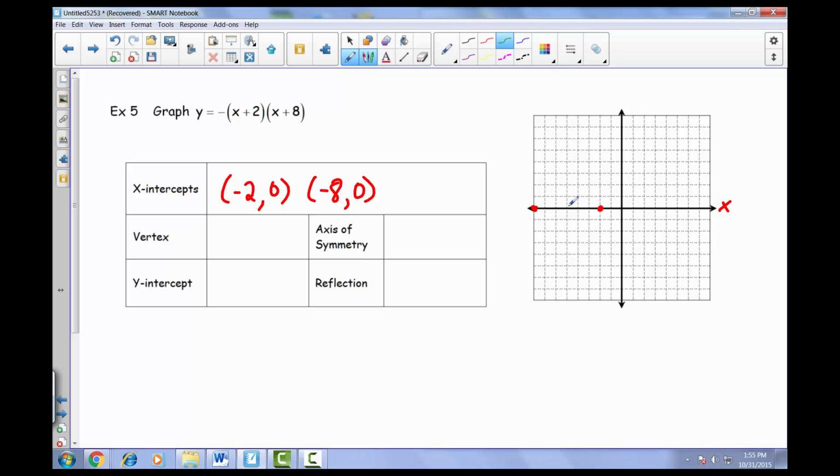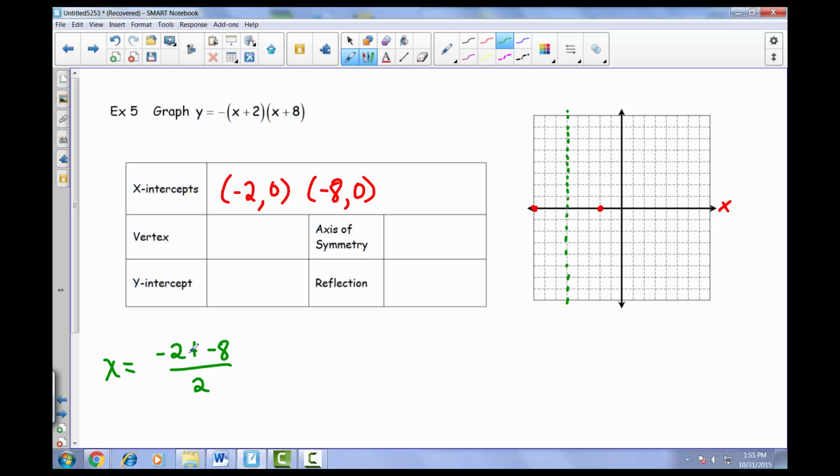Looks to be about -5. So this would probably be our axis of symmetry at -5, where the left side is matching the right side. But just to algebraically prove that, we know that our x value for our vertex comes out to be p plus q, so in this case -2 plus -8, all divided by 2.